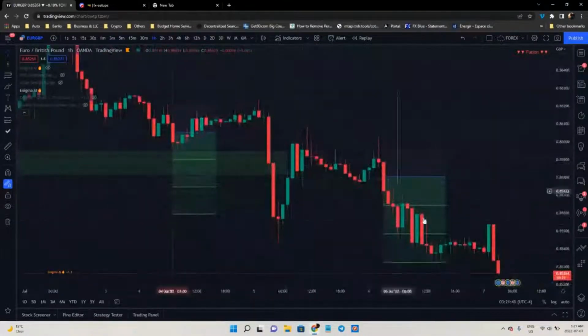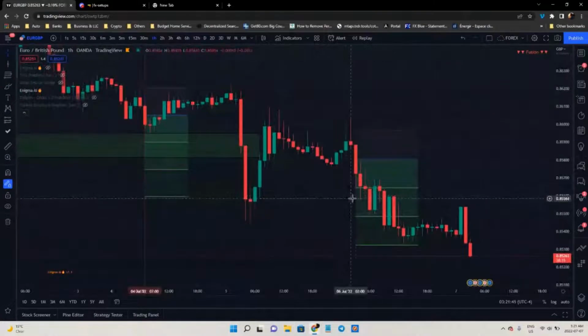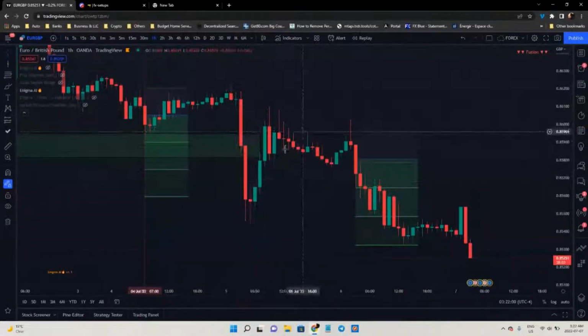As you can see here, there was another trade on the 6th for a sell, and that made sense to take. Why? Because we were trading down overall for the week, starting the week, and it was related to the trend too.